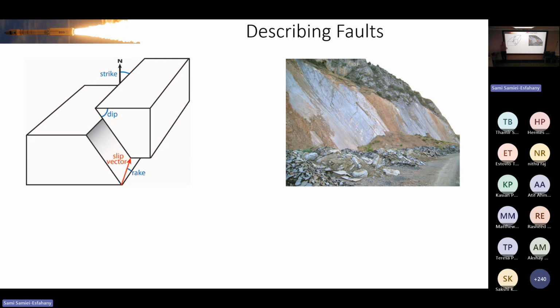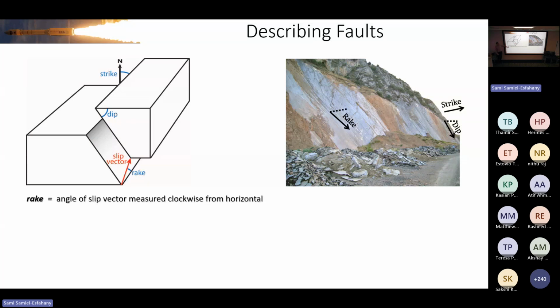Strike slip faults tend to be quite vertical, so they have a high dip angle. They have a rake that's 0 to 180. Dip slip faults tend to be more like 45 degrees, could be 30, 60, but they have a shallower angle. So you want to measure, like with the compass, the strike, the direction the fault's pointing in, its dip, how steep it is, and the rake, the angle of the hanging wall with respect to the footwall, so which direction is it slipping.